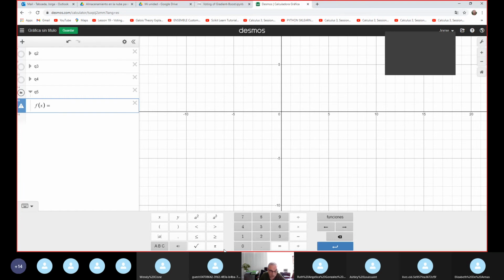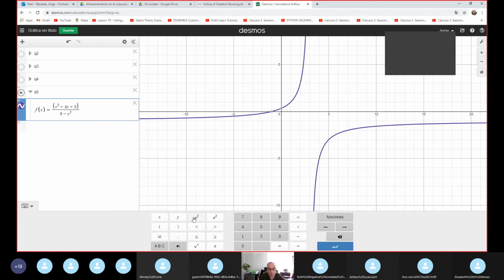Let's copy the original, why not? Open parenthesis, x squared plus 4x plus 3, close the parenthesis, division. And the denominator is 9 minus x squared. Boom.